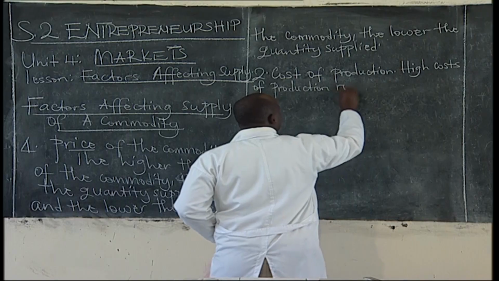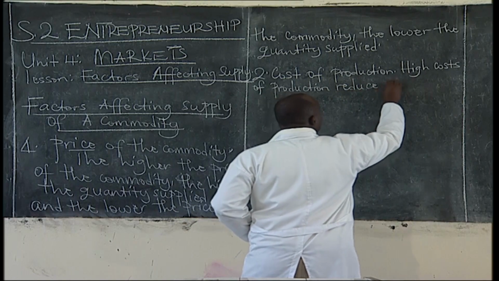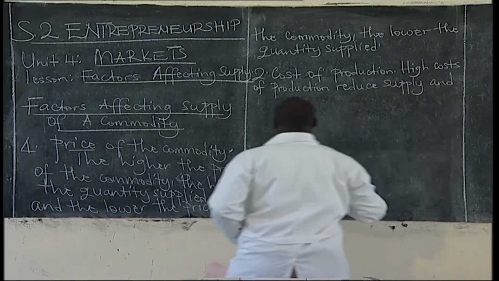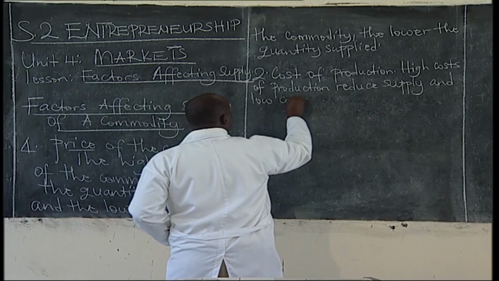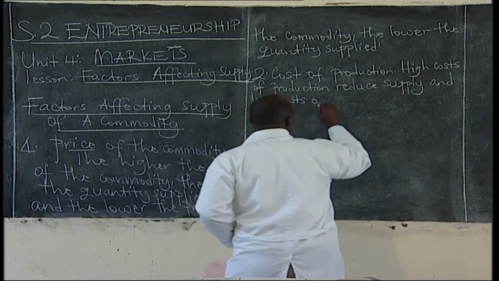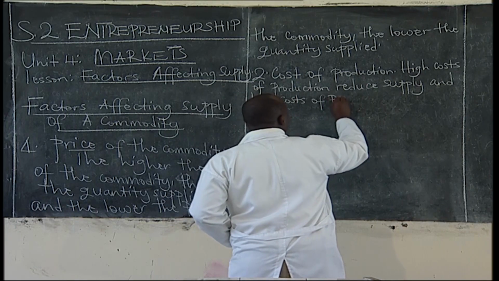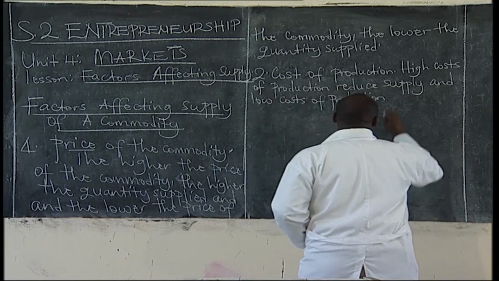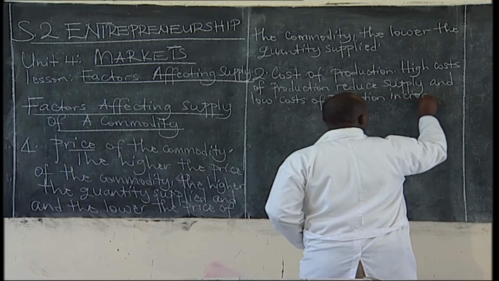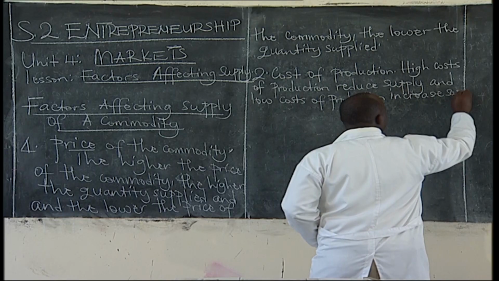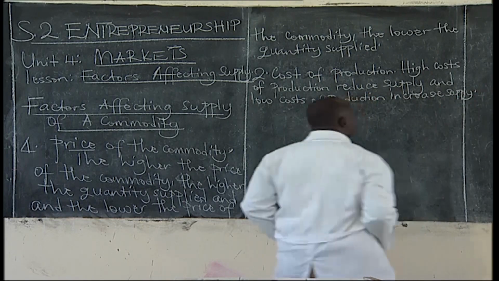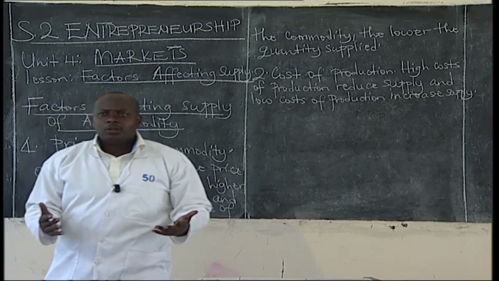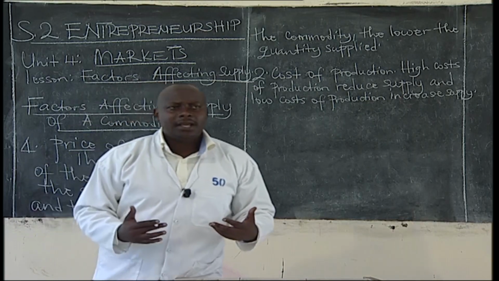High costs of production reduce supply, and low costs of production increase supply.